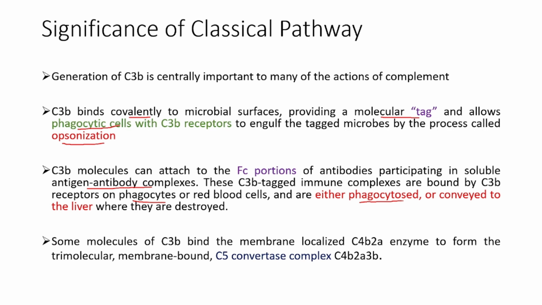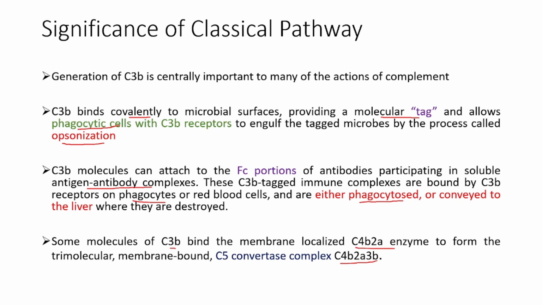And because C3B is formed at the central point of the classical pathway, formation of C3B is particularly important because it will join the C4B2A complex, the C3 convertase, to form what is known as the C5 convertase. Only when C3B joins the C3 convertase will it form the C5 convertase, which can cleave C5.